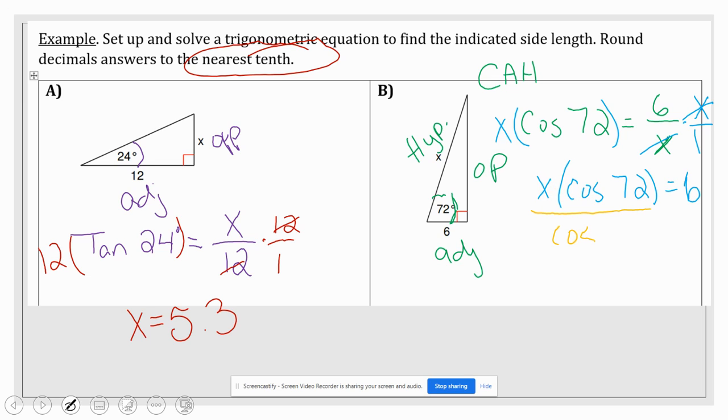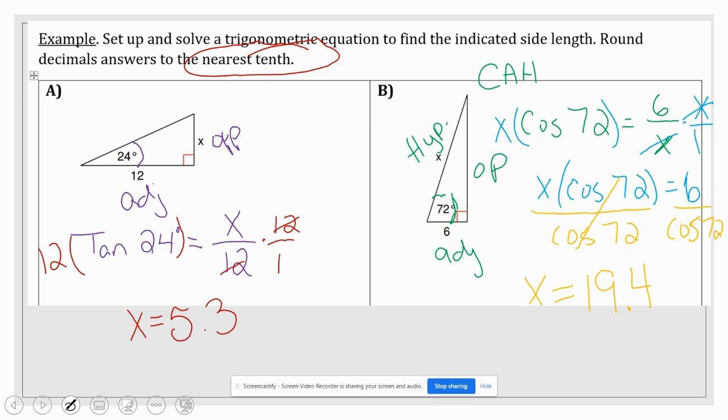The opposite is to divide by the cosine of 72. So in our calculators, we're going to type 6 divided by cosine 72. And again, to the tenths place, our hypotenuse should be about 19.4.